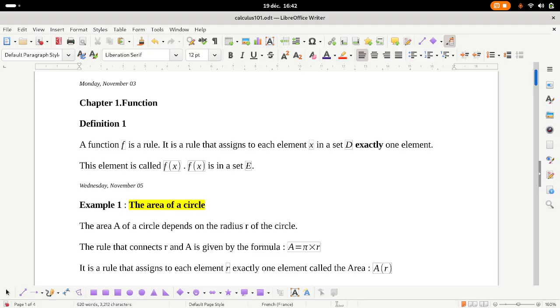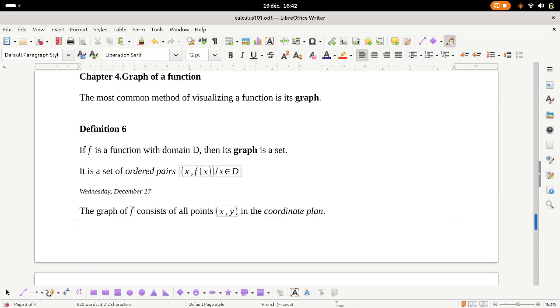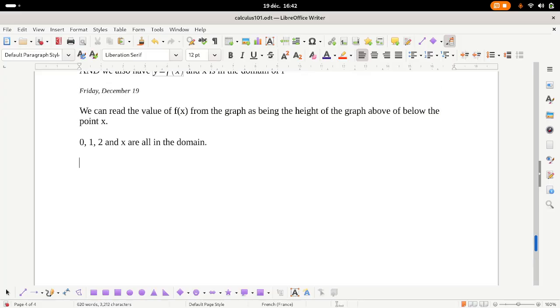They are being assigned to an element called f(x). Okay, so we know that f(0) exists, f(1) exists, f(2) exists, and f(x), and we will see what is f(x).